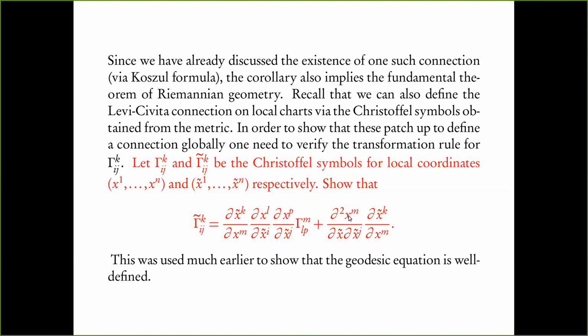The point being that you can define the Levi-Civita connection without using the Koszul formula by declaring the Christoffel symbols of the connection to be the Christoffel symbols of the metric, and then checking the transformation rule. So this is a more analytic way of defining the Levi-Civita connection, and some of you might like it, those who like computations. So that takes care of the title of the lecture. This is what I meant by behind the fundamental theorem.